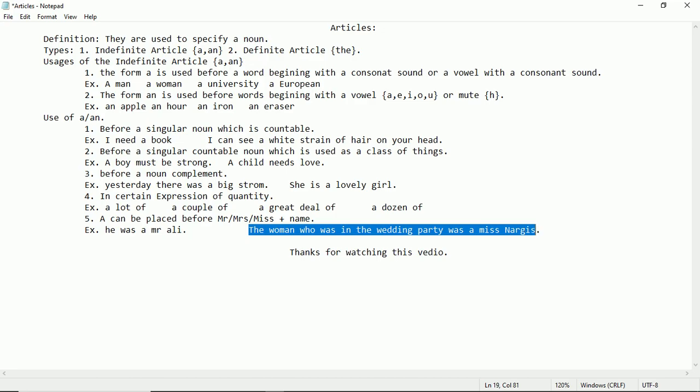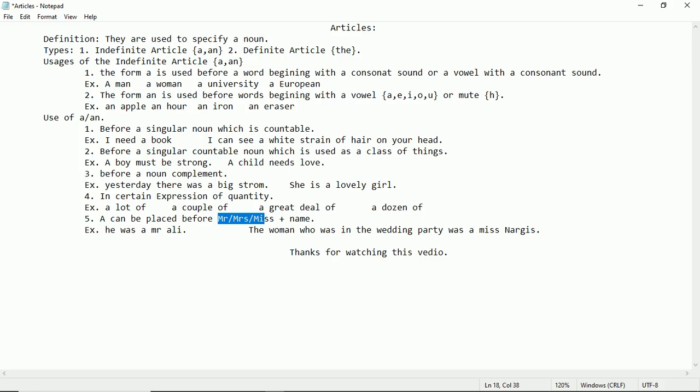So why do we use a before Mr., Miss, or Mrs.? In English, when we don't know a person and we just know the name of the person, we use a before it to show that the person is unknown to us.